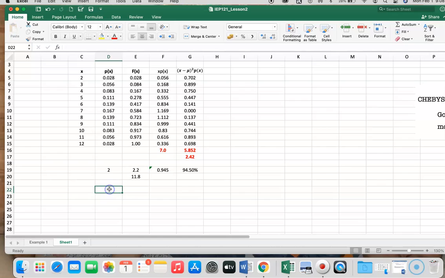All right. Next, let's show that if we go 3 standard deviations from the mean, there will be at least 89% of the distribution. So our k is 3, the same thing.